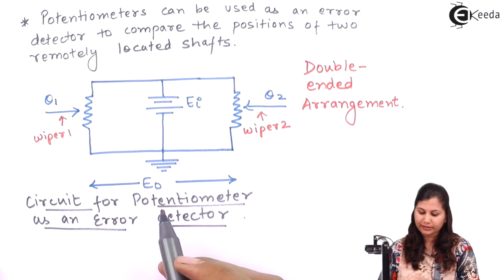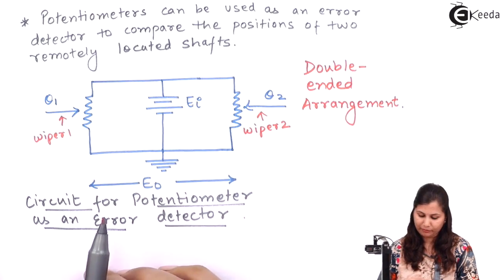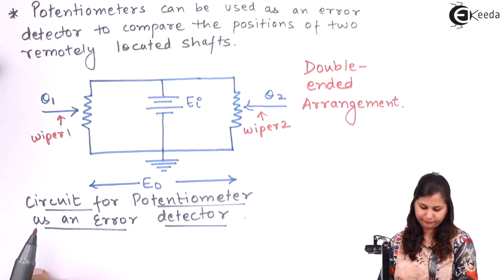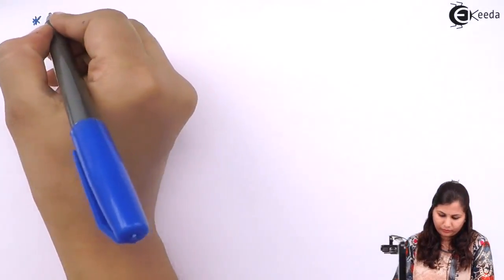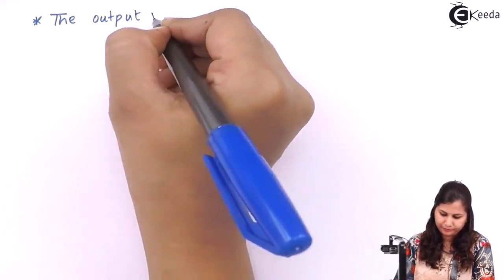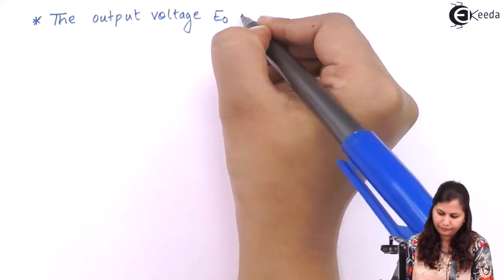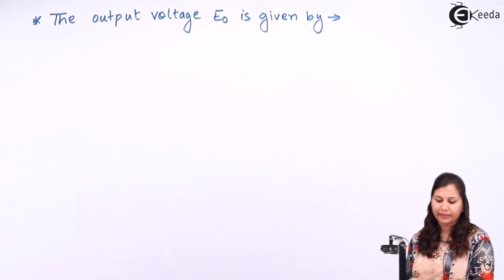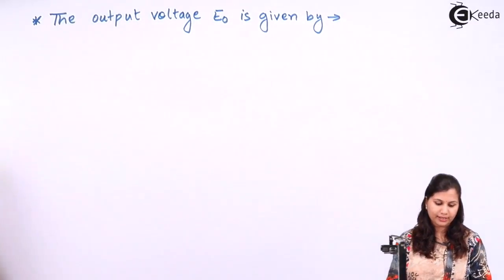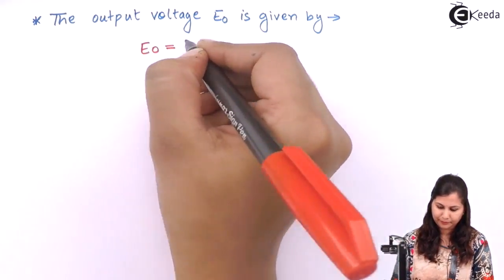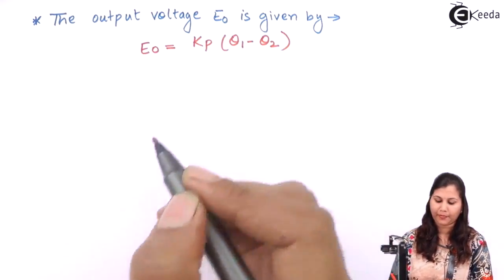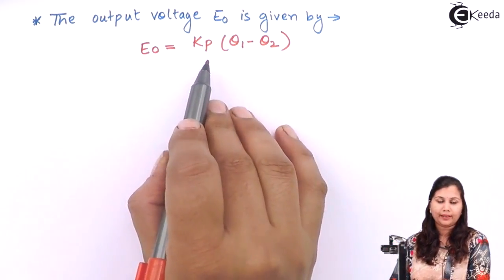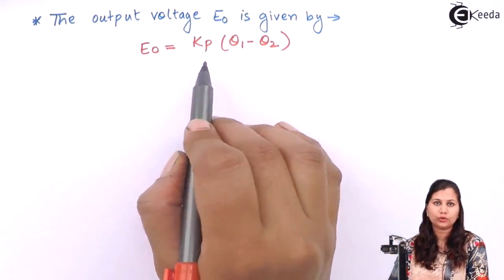Now in this double-ended arrangement, this output voltage E naught is given by E naught equals Kp multiplied with the difference of the two positions.